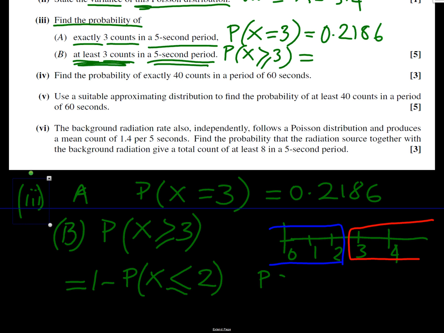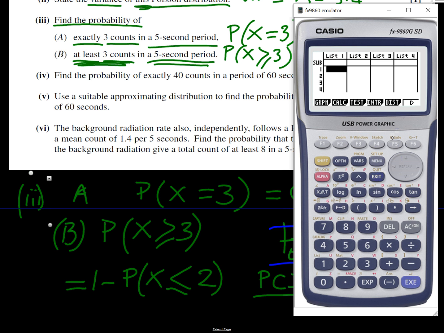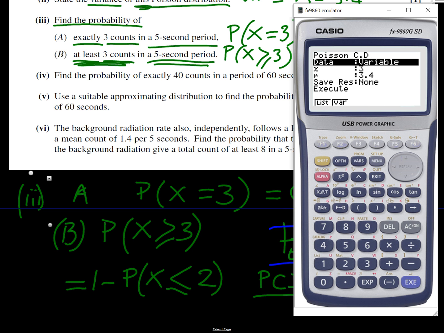Well, from our calculator, we're going to use our PCD function. So let's get our calculator up again, hop back up to distributions, Poisson, PCD, and now we need to change that number to 2, don't we? So there we go, and execute.